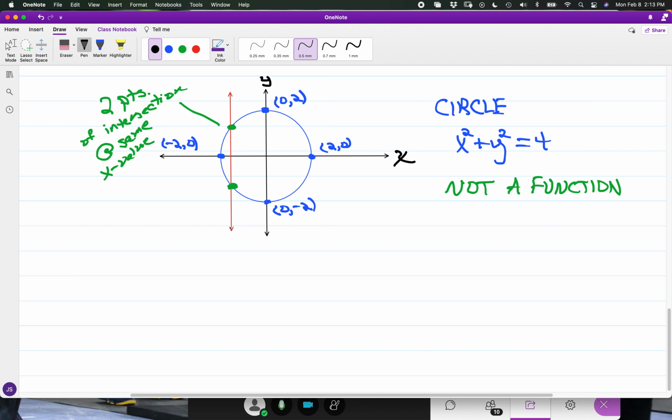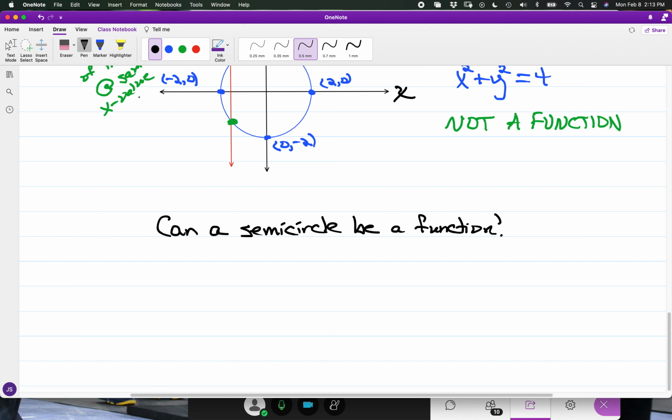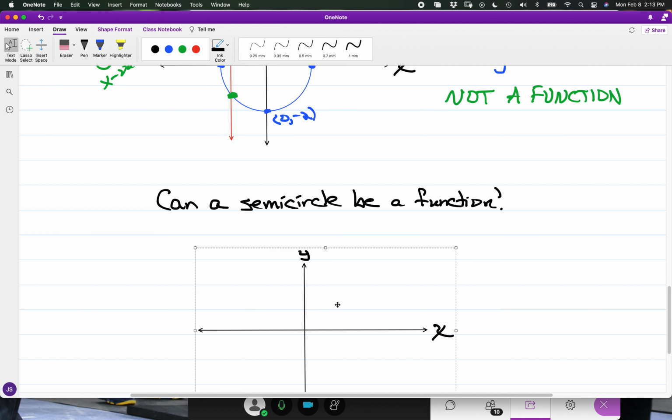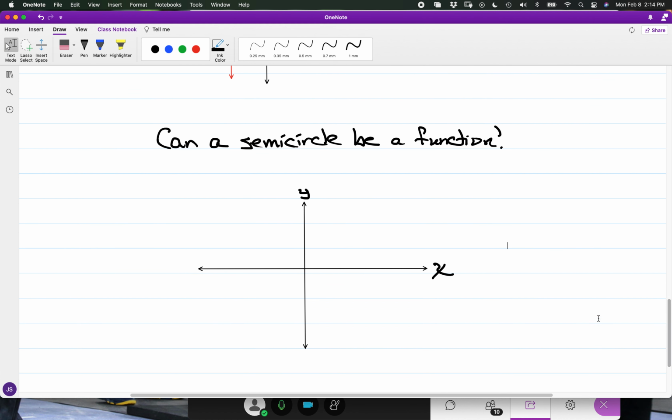Well, if you have two halves and I make the graph into half of it, you might pose a question: can half a circle, or in this case, can a semicircle be a function? And to sort of answer this question, say we take the right half.